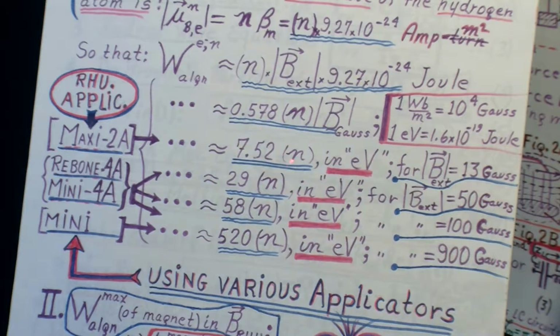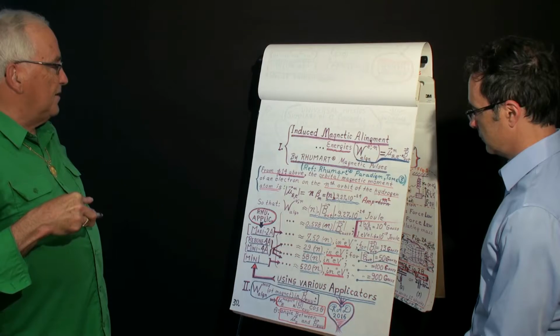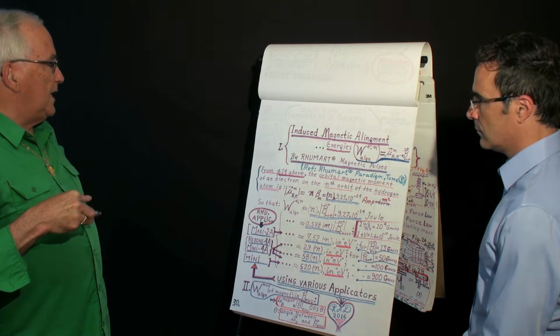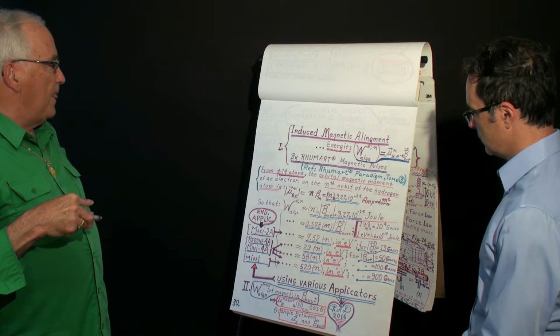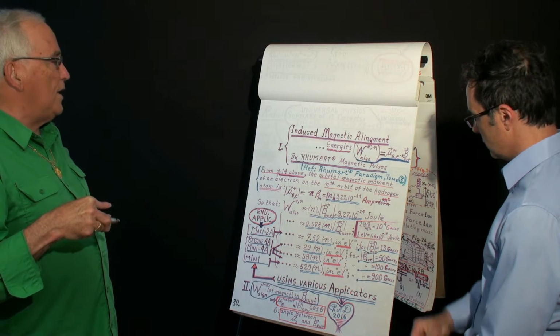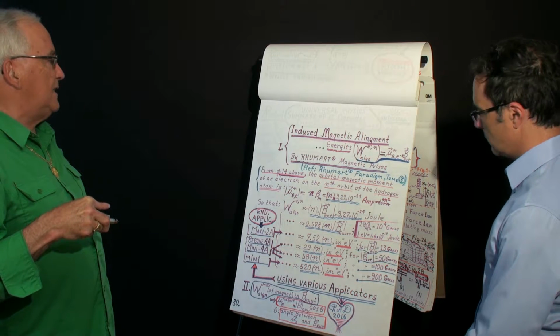So actually, if you have this alignment momentum, it is this value there multiplied by B in Gauss, the external field.